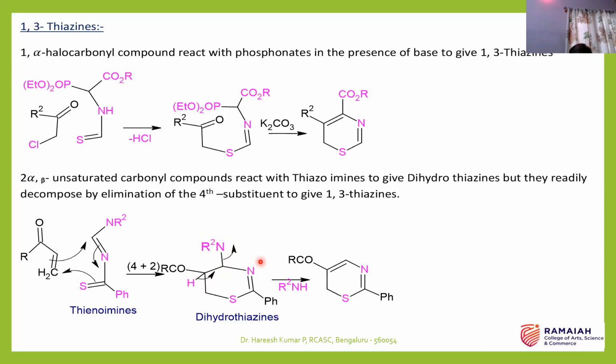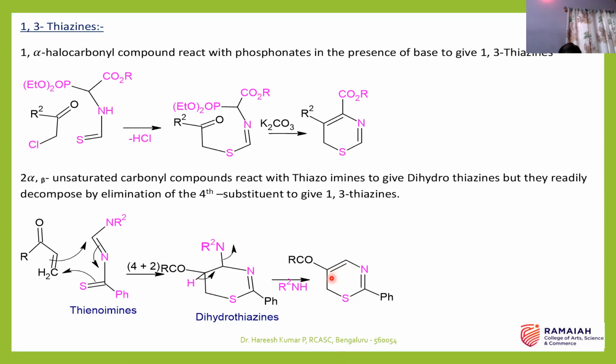This fourth position secondary amine can act as a leaving group, and this bond pair can come over here, this will go out, forming a product like this. So this is the 1,3 thiazine. These are the two methods of preparation of 1,3 thiazines.